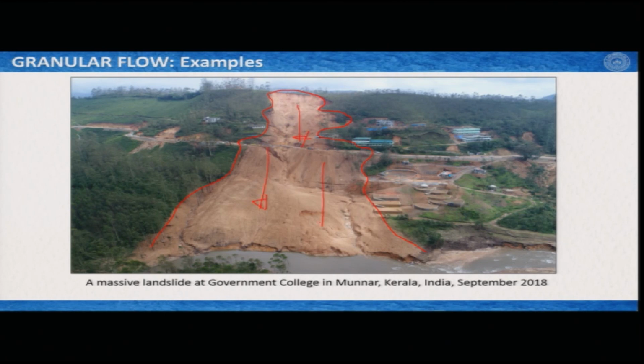This is a place near the government college in Munnar, Kerala, and it happened in September 2018. What you see here is that these materials just came down, sliding and rolling.